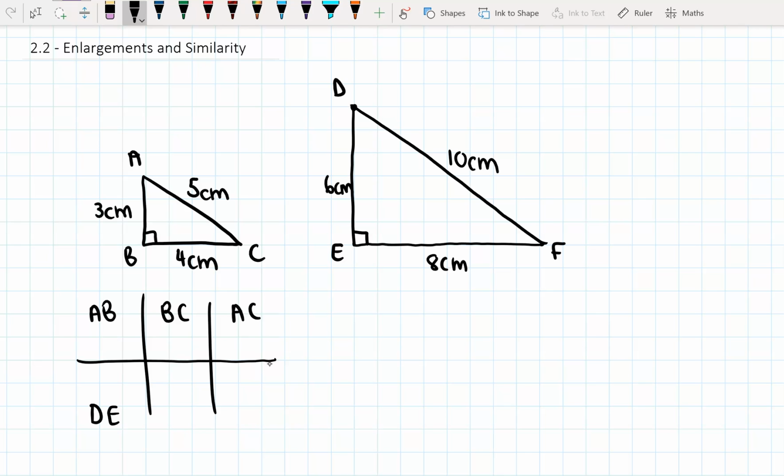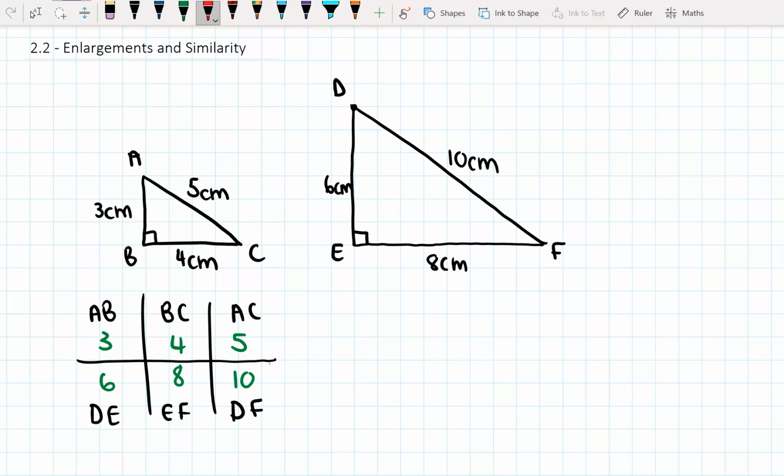BC is the same as EF, the one that goes along the bottom, and AC is the same as DF. If we fill in these sides, AB was 3, BC was 4, and AC was 5. And in our bigger triangle, DE was 6, EF was 8, and DF was 10.